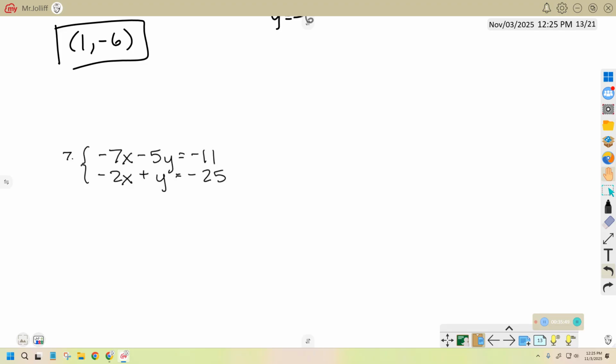Nothing times 2, that's a whole number, will make it 7. Meaning I would have to multiply both equations by a number if I wanted the x's to match. So I'm going to focus on the y's. I have a 5y and a 1y. What should I multiply the bottom equation by? 5. Yeah, much easier. I'm going to modify the bottom equation only, and multiply it by 5.